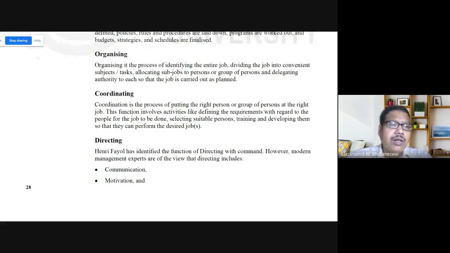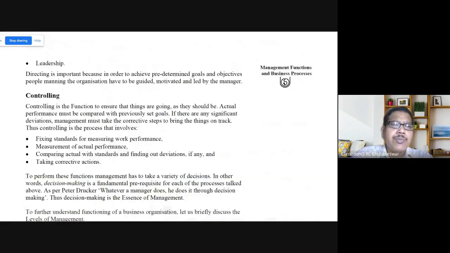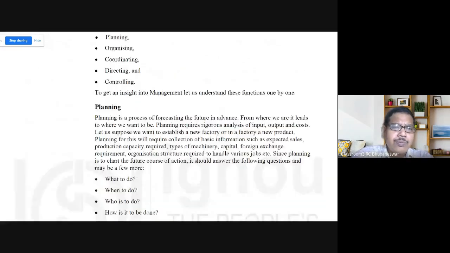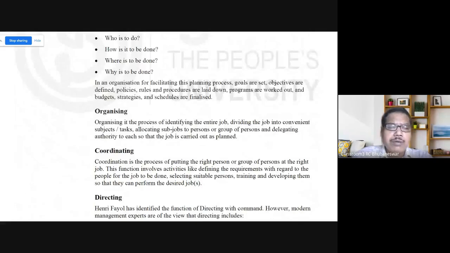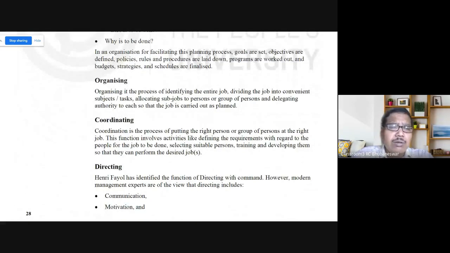Then coming to the part of your leadership, we could find, with respect to the organization, who coordinates all the particular divisions of jobs. We can say it is coordinating the process of putting the right person in the right group with their skills with respect to the job requirement. This is very necessary, because only if you place the particular requirement at the particular need can they meet each other.